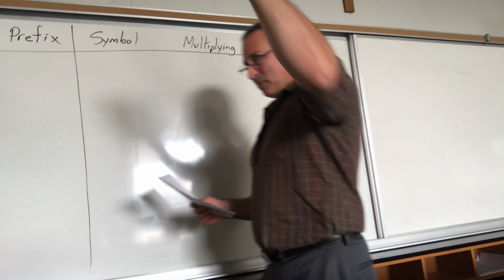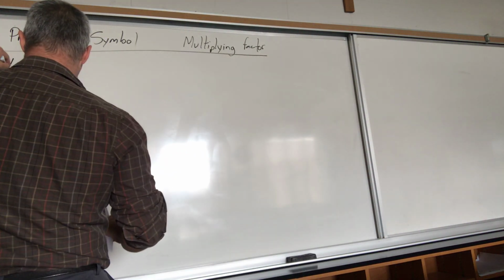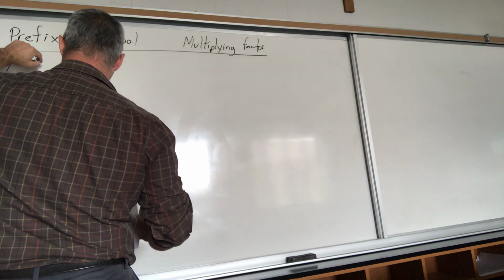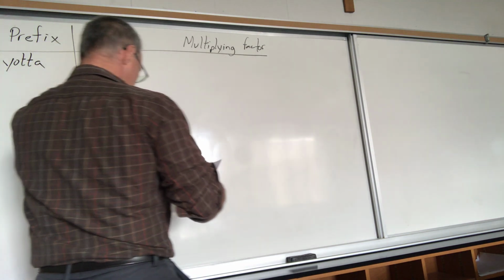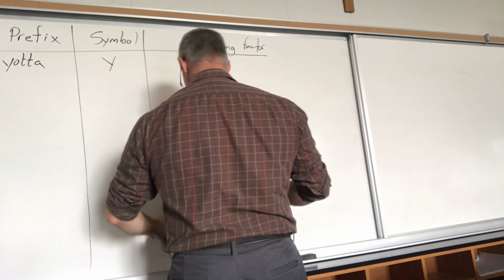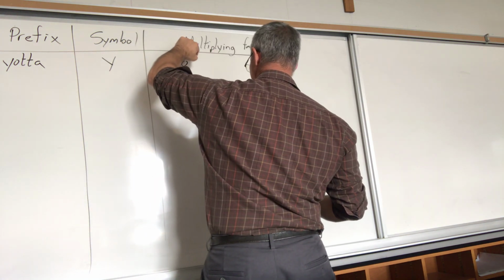So I'll start from the very biggest and go down to the very smallest. The very biggest is called Yotta, and use a capital Y for its symbol. And it means 10 to the power of 24 in front of whatever you put it.